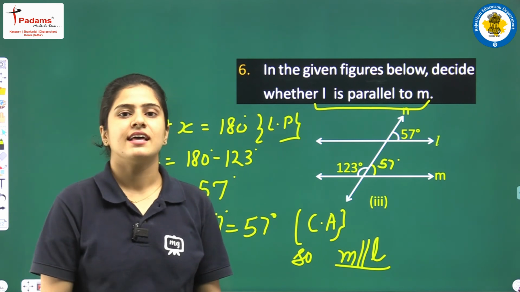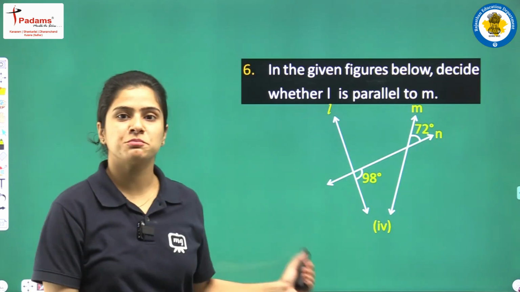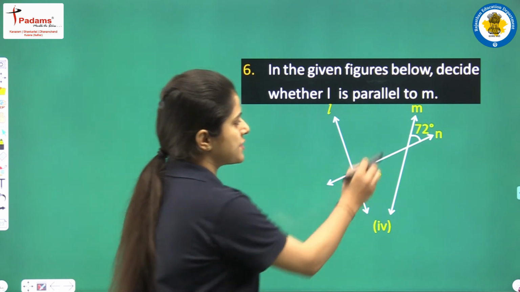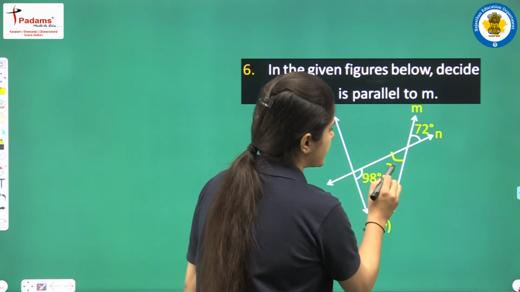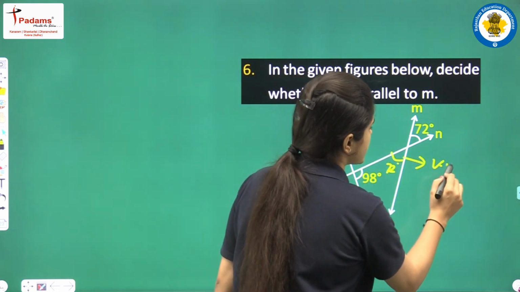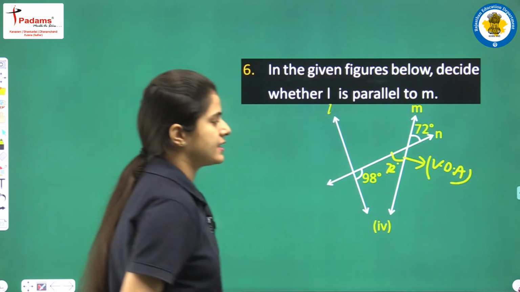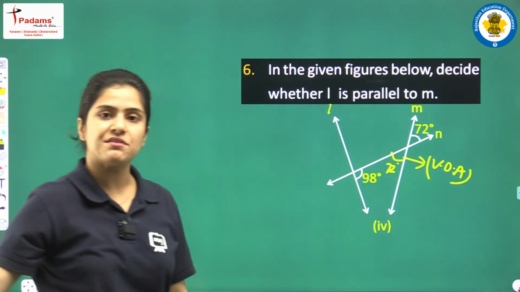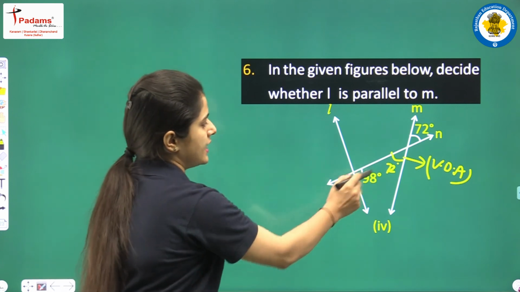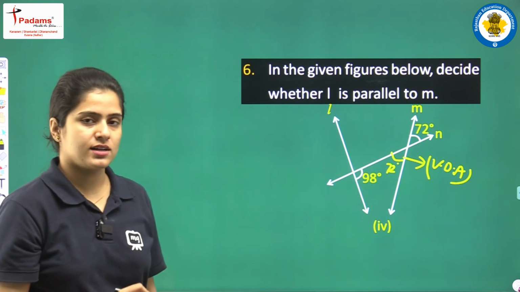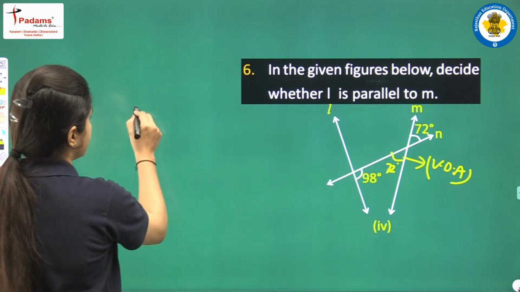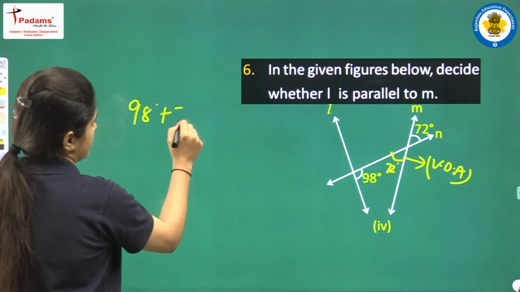Okay students, next question. So the fourth part, clearly 72 degrees, this is the vertically opposite angle. So this is also 72 degrees, right? Now the sum of these two angles should be equal to 180 degrees. Let us check.